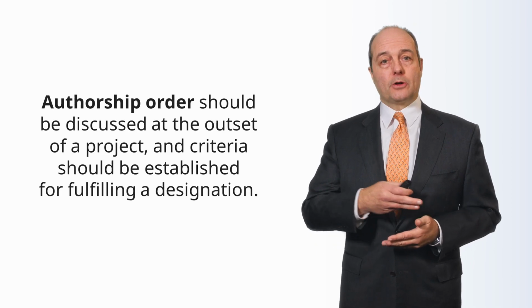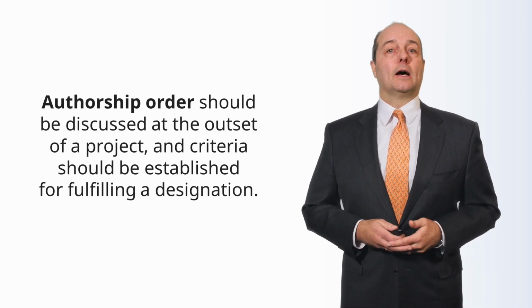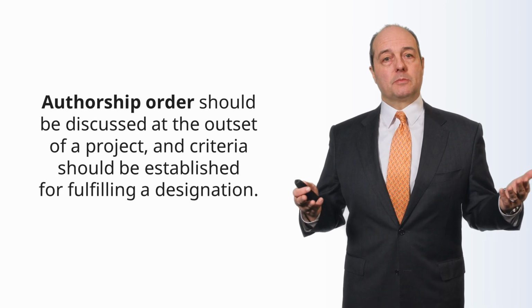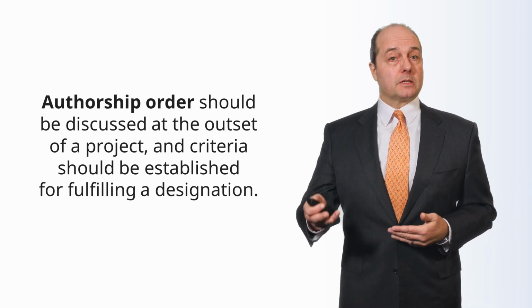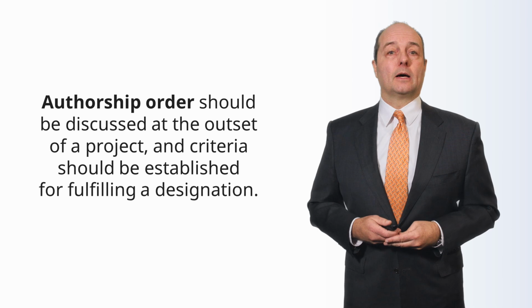Now, there are also things that are going to be discipline specific about how you give credit to people. One way that's done might be authorship order, so how your name appears on a byline. Decisions about authorship order should be discussed at the outset of a project.